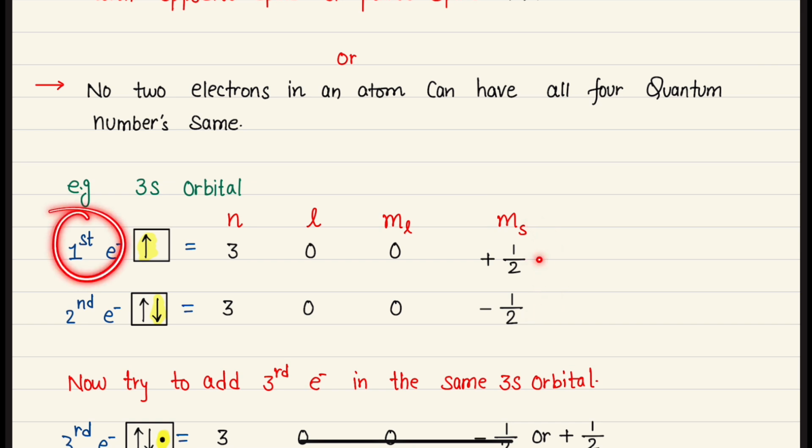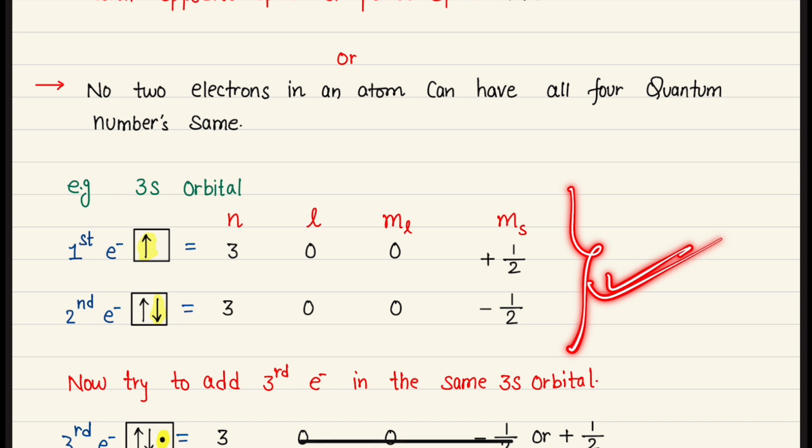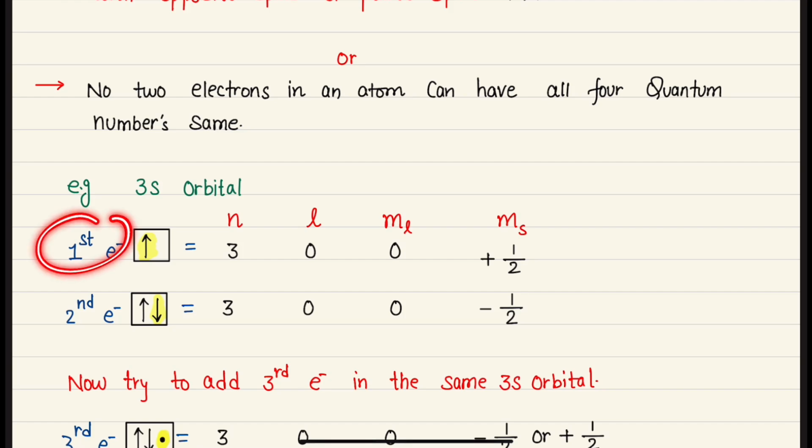For this electron it is a half, for the second electron it is a minus half. It means the rule is satisfied, what Pauli said. All four quantum numbers cannot be the same for two electrons. Any one quantum number should be different for these two electrons in an atom. This is what Pauli said.